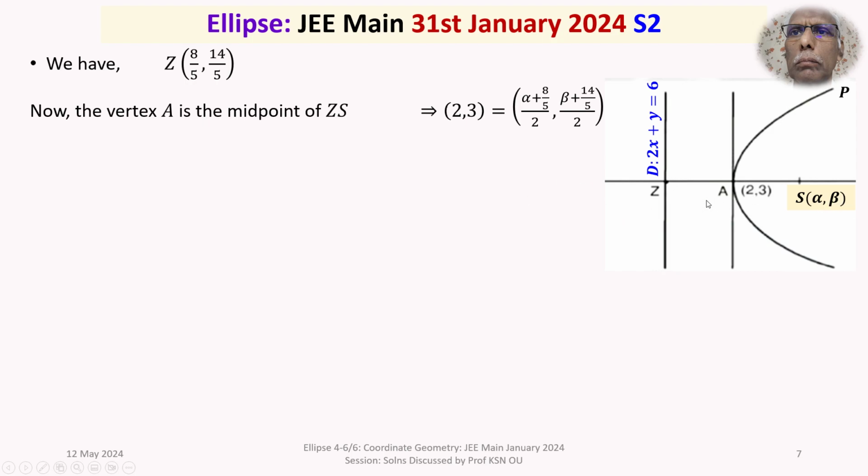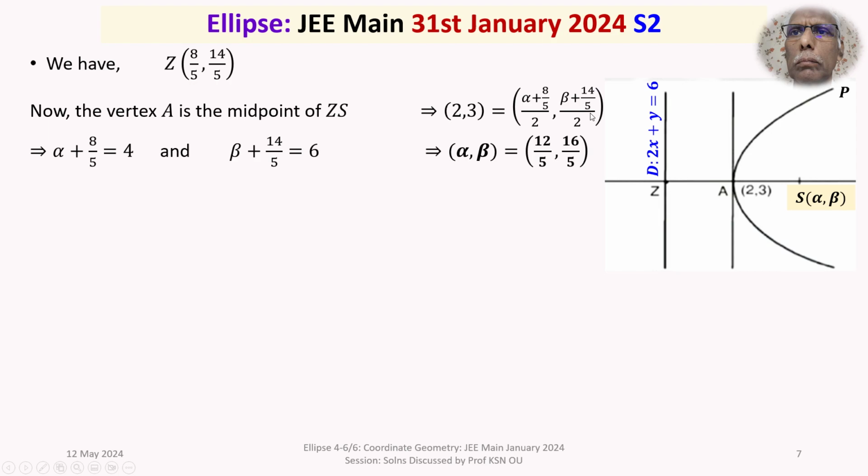So the coordinates of A, (2, 3), is the midpoint of ZS. ZS means (alpha plus 8 by 5) by 2, (beta plus 14 by 5) by 2. Now, this will imply alpha plus 8 by 5 is 4, right? 2 2s are 4.